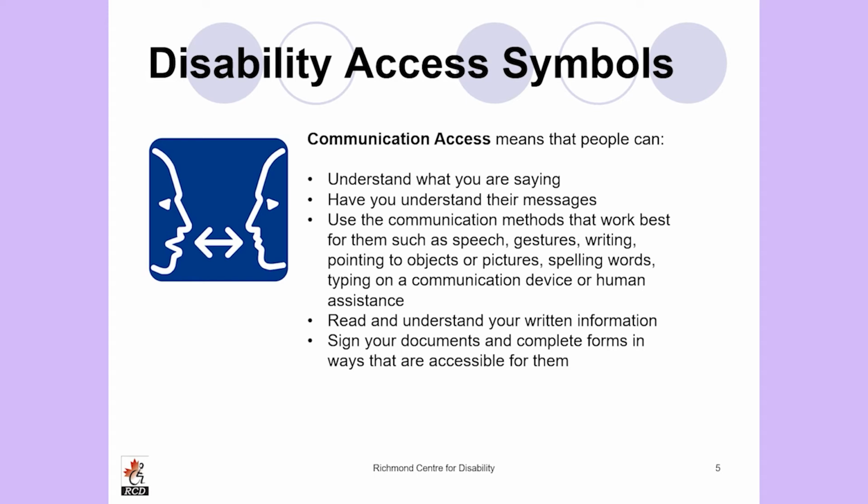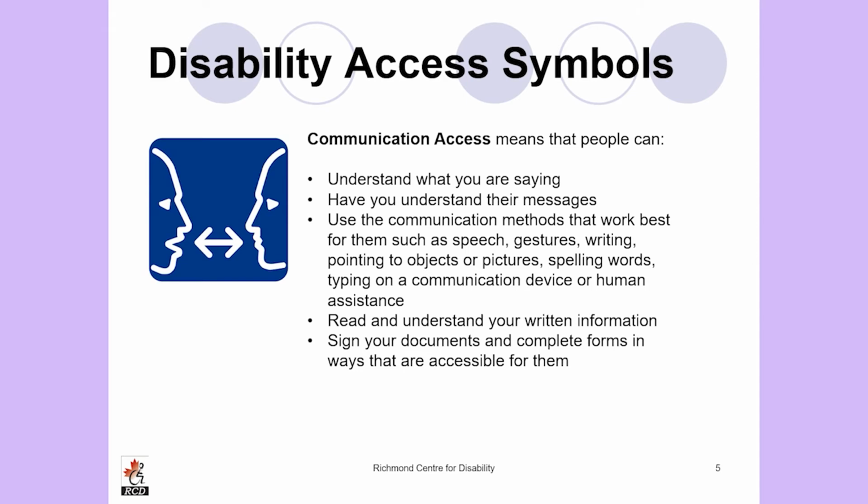And also include all the written information. And also enable the individual, who might have a challenge signing their name. Do you find out a way that they can sign the documents and complete forms in a way that is accessible for them? Remember, allow enough time for communication.